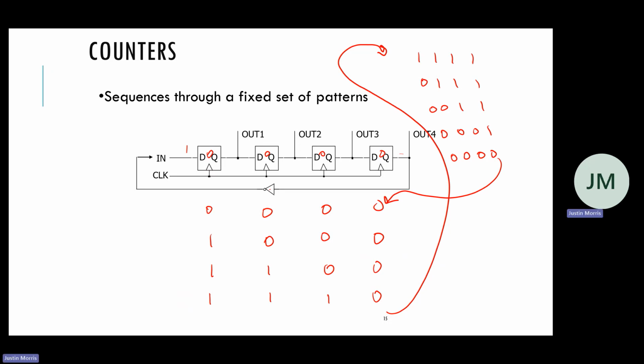So I can get this fixed set of patterns to loop through very easily. And you can also implement a counter in this way, but the counter is going to be a little more complicated than just one single inverter plus the 4 bits.